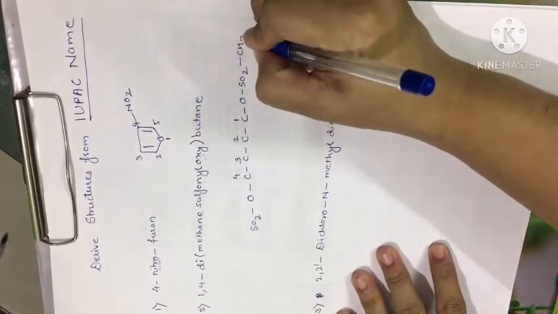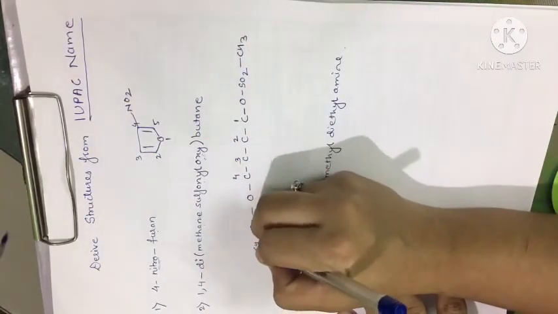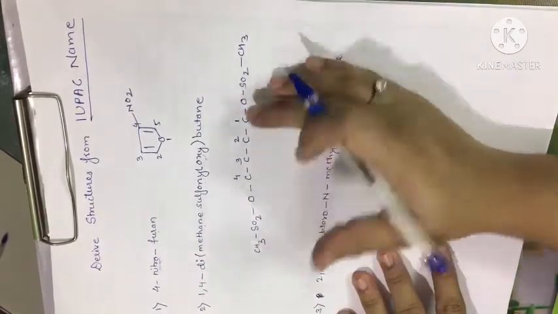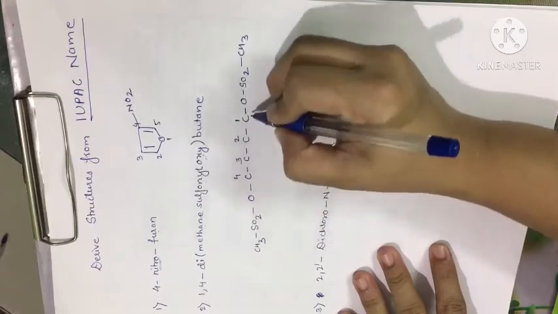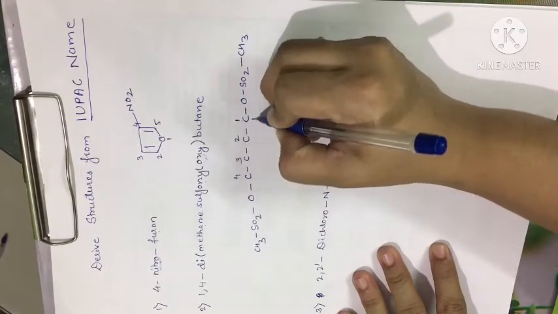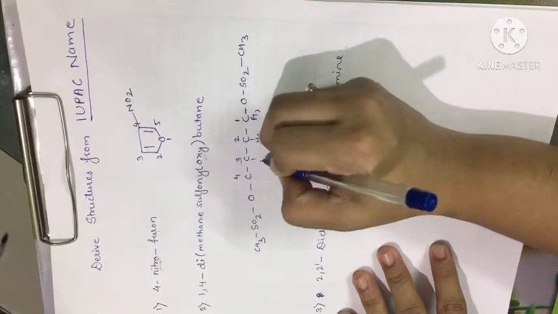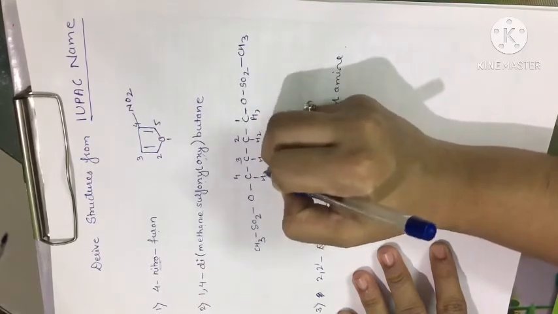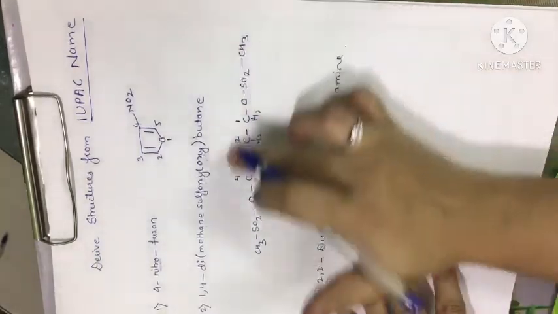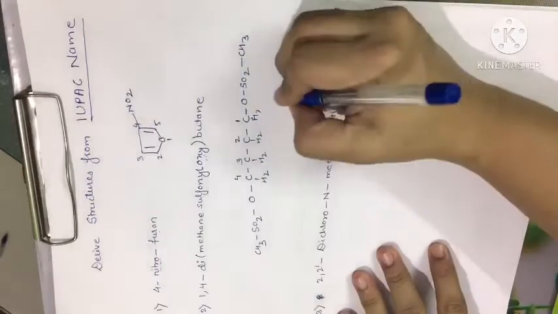So this is methane. So this is our structure. Now we will adjust the valencies of these carbons, 1, 2, and here I will write down H2. Similarly here also H2, H2 and H2. So this is one of the anti-cancer drugs, busulfan.